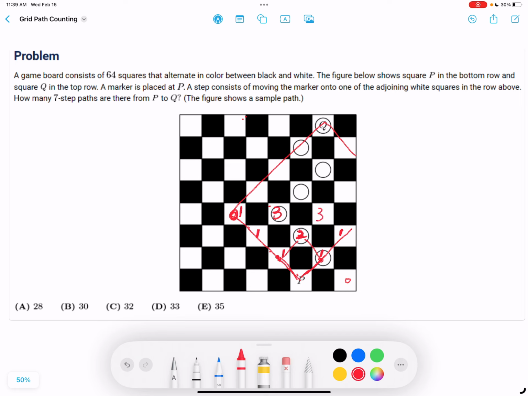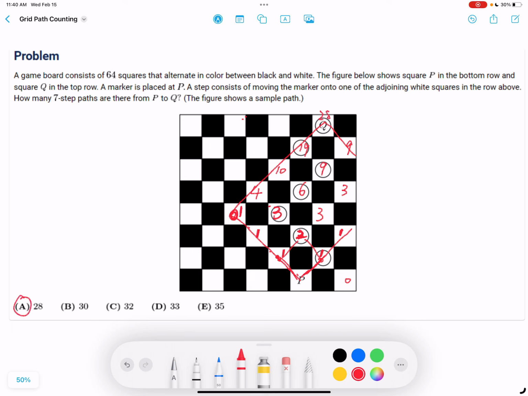And similarly here, we have 3, here we have 6, here we have 4, here we have 10, here we have 9, right? Now here we have 19, and here we have 9. So therefore we would have 28 paths over here.